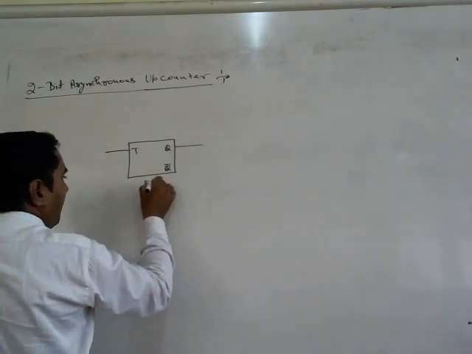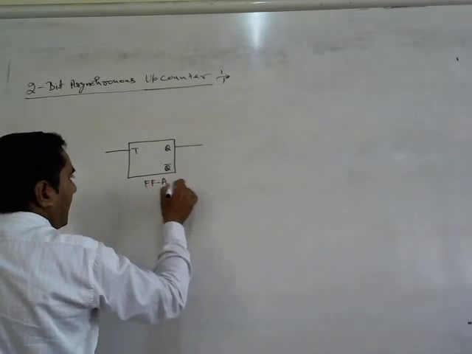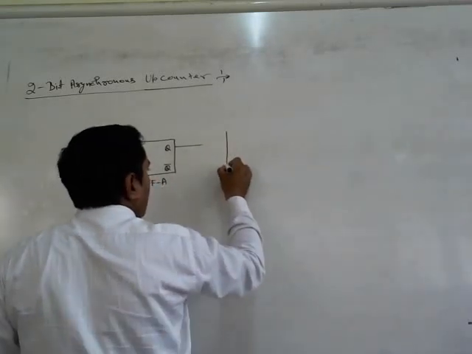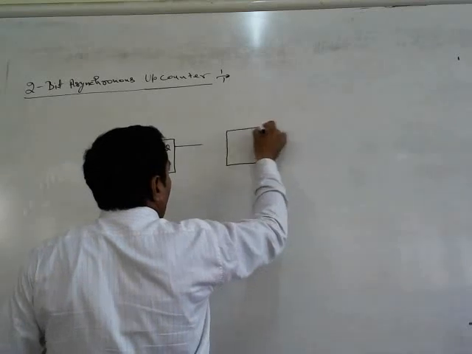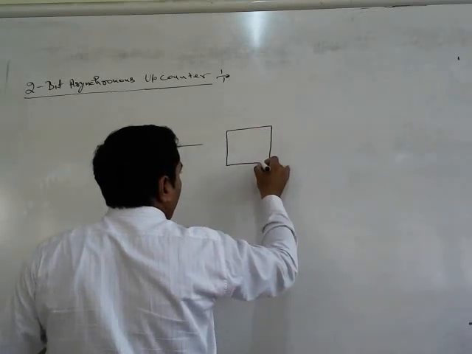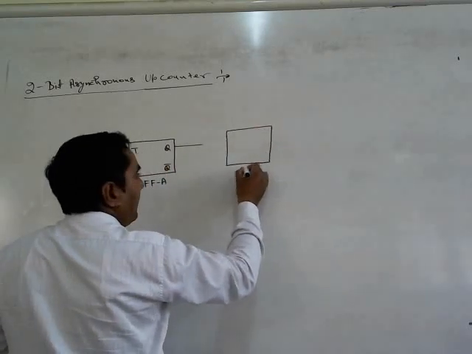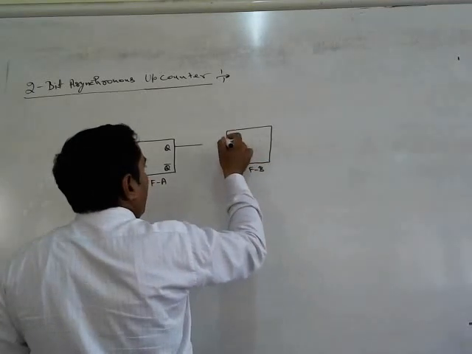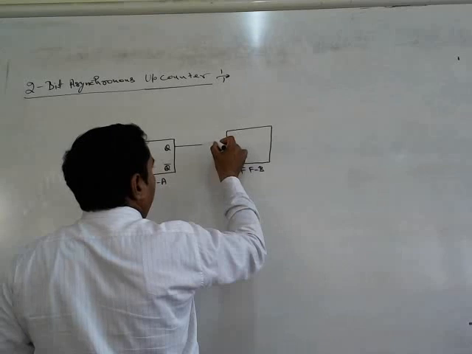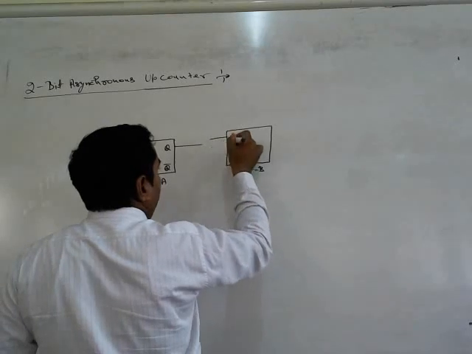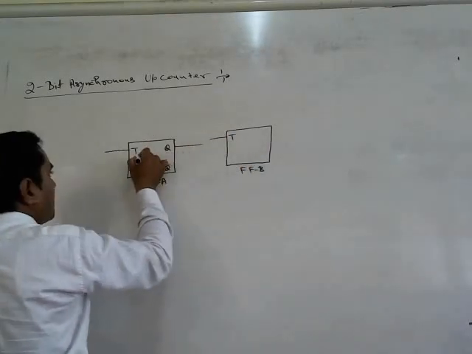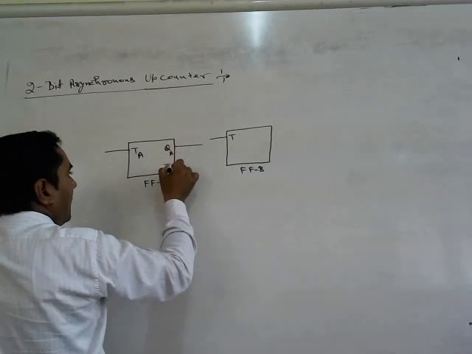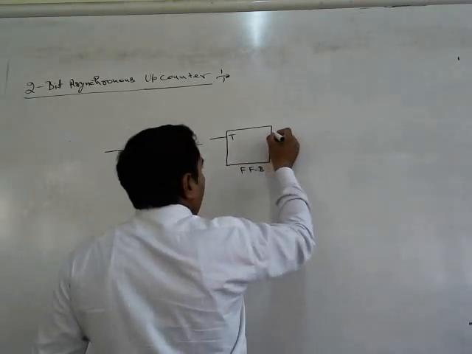Suppose there is FFA, flip-flop A, and the second one is FFB, flip-flop B. It also has the input T, TA, QA complement.